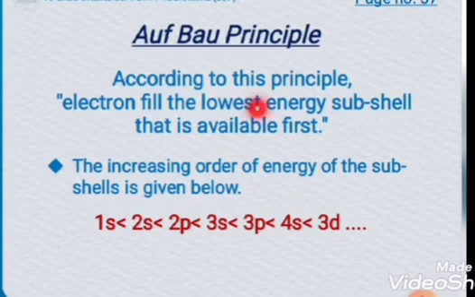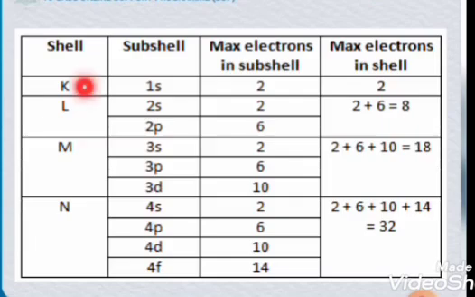Students, I want to recall Aufbau principle. You all know what is Aufbau principle. According to this principle, electrons fill lowest energy subshell that is available first. This is the increasing order of energy of the subshell. Now, shells and subshells.